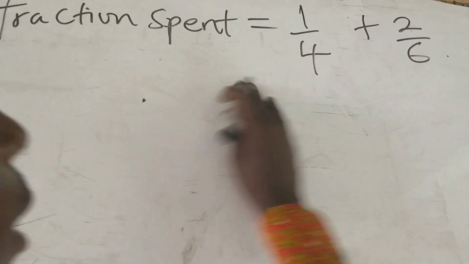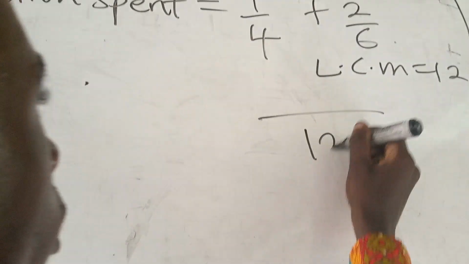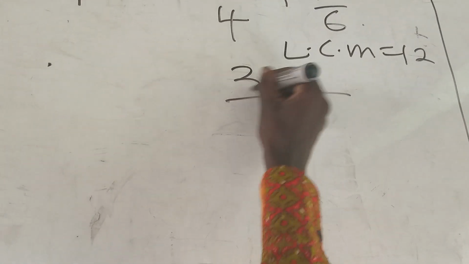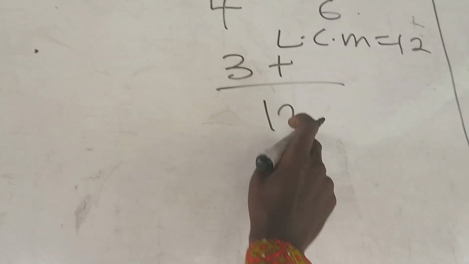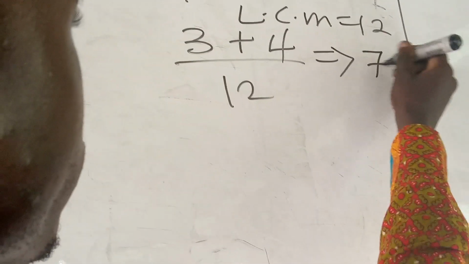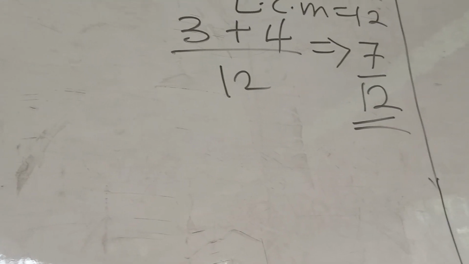We find our LCM, and LCM is 12. 4 goes into 12, how many? 3. 3 times 1, 3. Plus 6 goes into 12, 2. 2 times 2 is 4. So we have 7/12. That's our fraction spent.